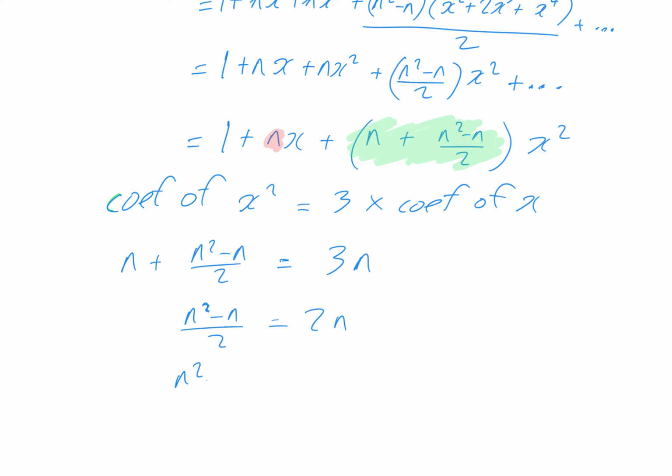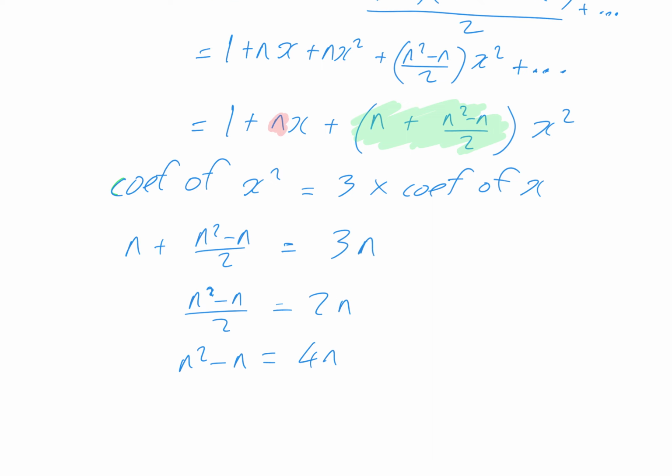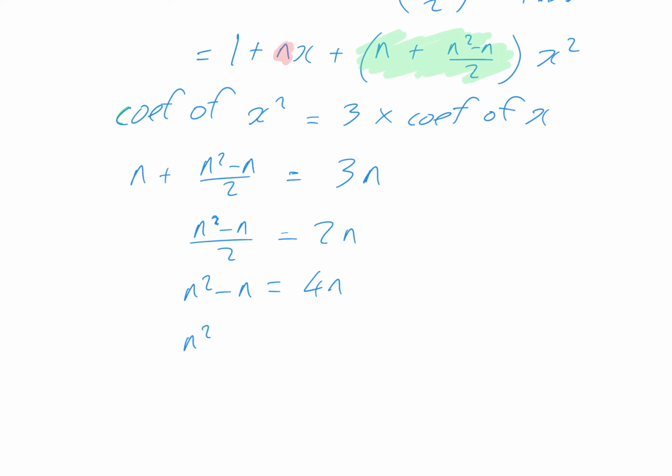Multiply across by 2, I'll have n squared minus n is equal to 4n. Then I bring the 4n back across, and I have n squared minus 5n is equal to 0. Then just factorize: n comes outside a bracket, and then you'll have n minus 5 in a bracket.